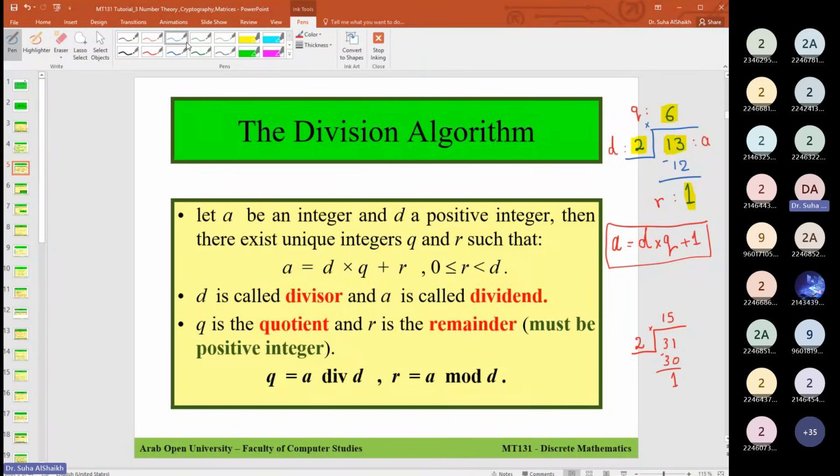So I can see that 31, the number I'm dividing, is equal to 2 multiplied by 15 plus 1, and this is the division algorithm.